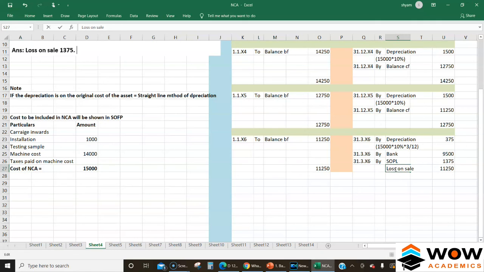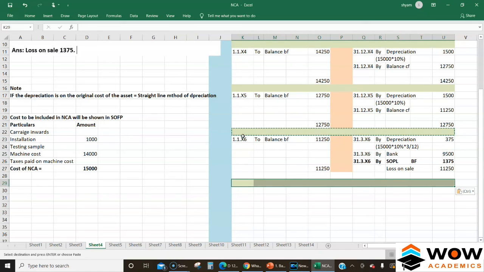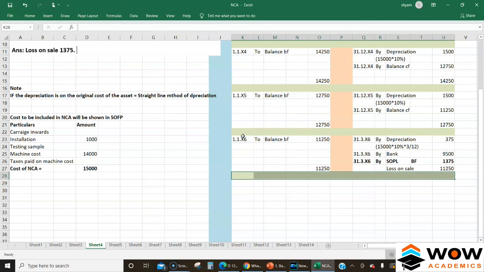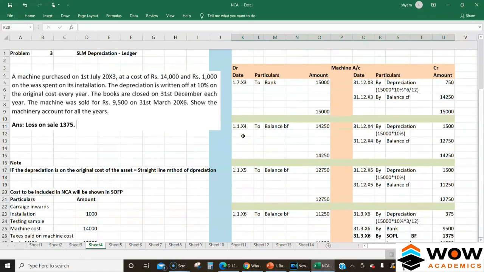Okay, this is loss on sale, and this is the balancing figure. This is not brought forward, it's a balancing figure. Okay, so this number is very important. So loss on sale is 1,375. So I think that amount we got. So with this, there is no more asset, and the account is closed. So that's about this sum.